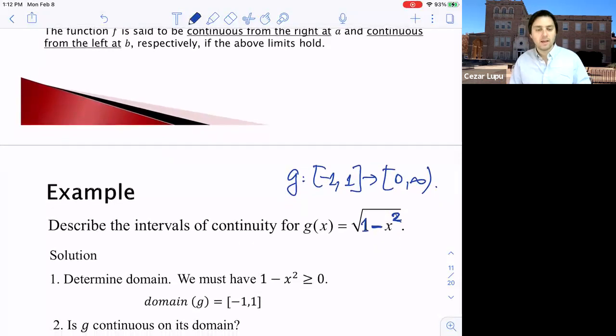Now the question is: is the function continuous on this domain? What do you think? I'm actually curious what your answer is. Is the function continuous on the domain? What would you expect?